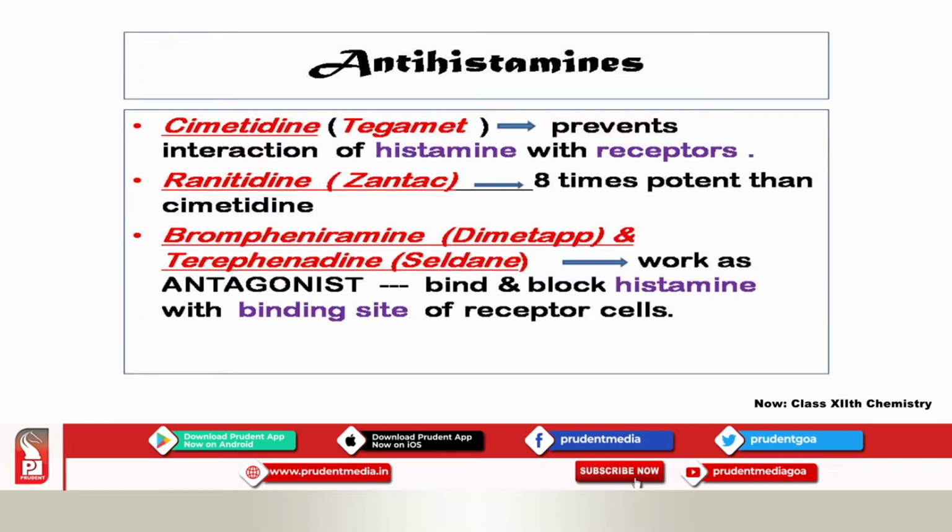Cimetidine and ranitidine were used to treat hyperacidity because they were preventing the interaction of histamine with the receptors.